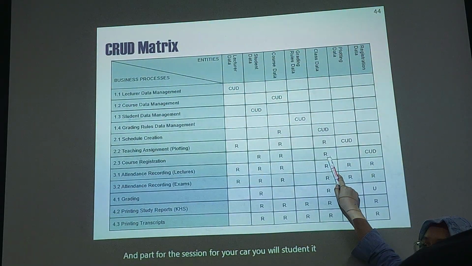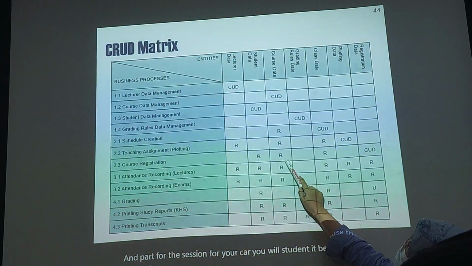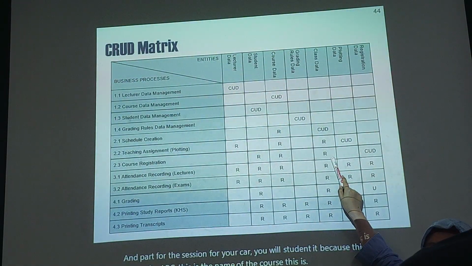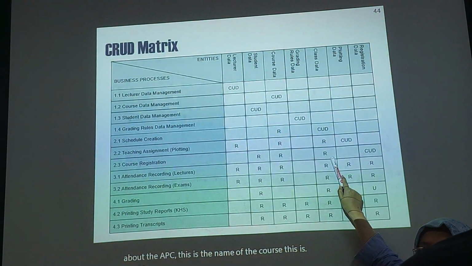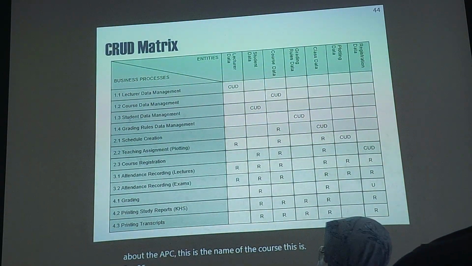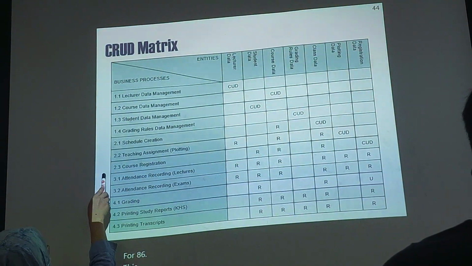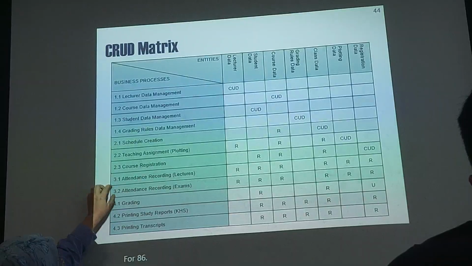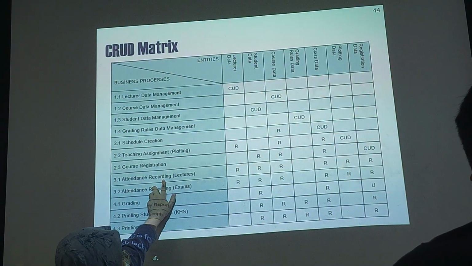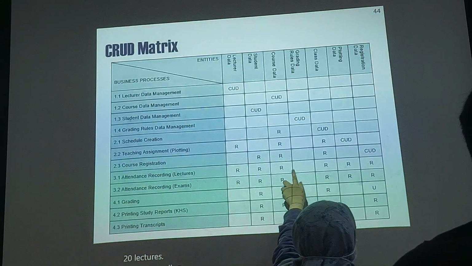This is about the course name, and this is for class A, class B, class C. This is for the beginning of the semester. When the lecture comes, this is attending the course, so they will only read.